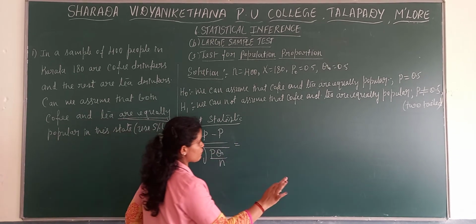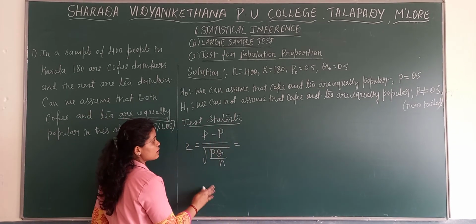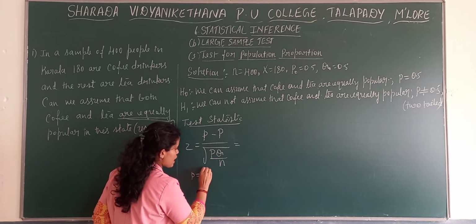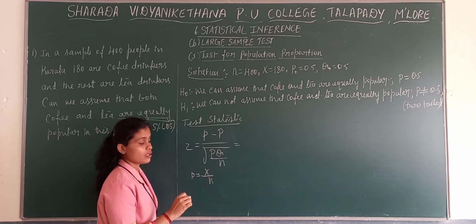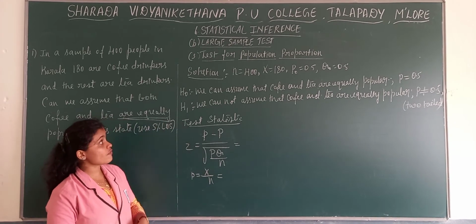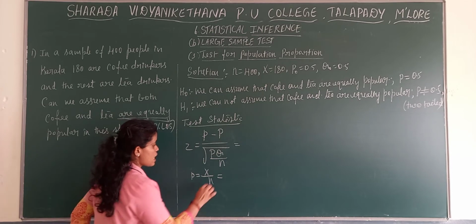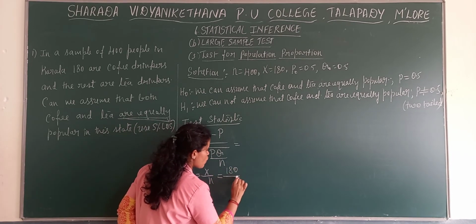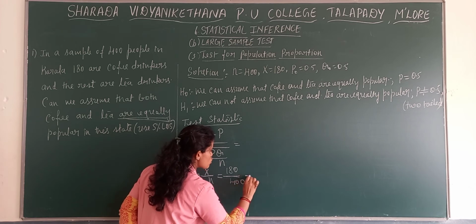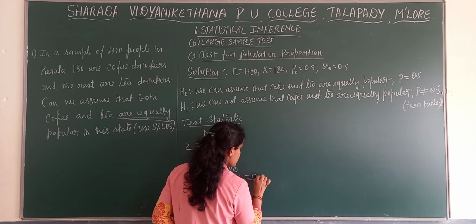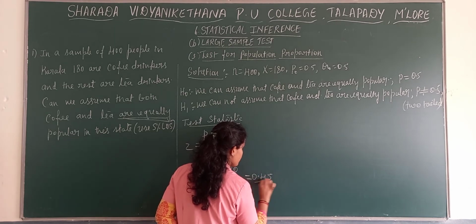Here we apply one particular formula, that is p is equal to X by N. What is the value of X? X is 180 and N is 400 here. So 180 by 400, we get 0.45.